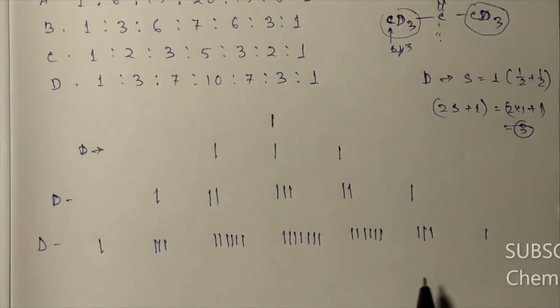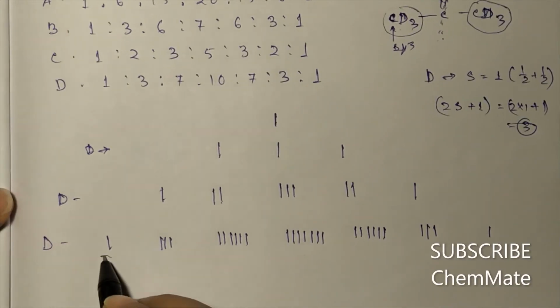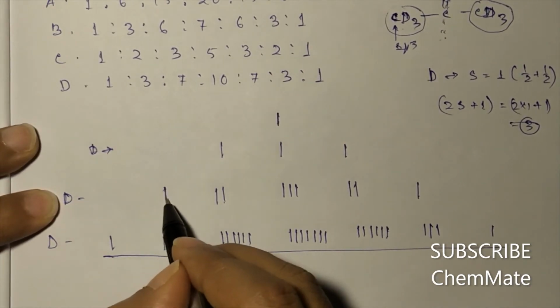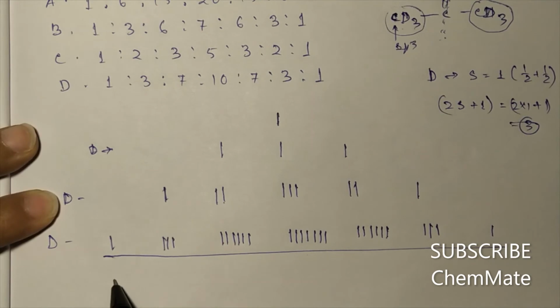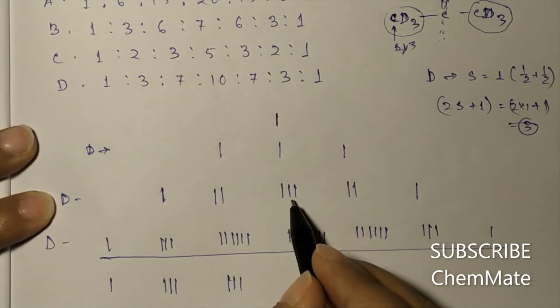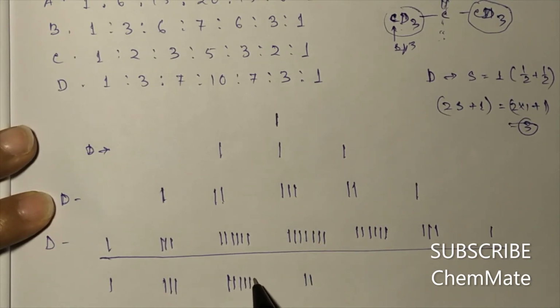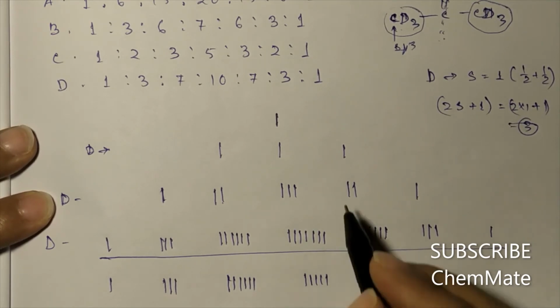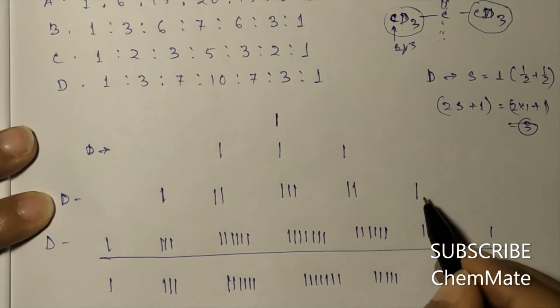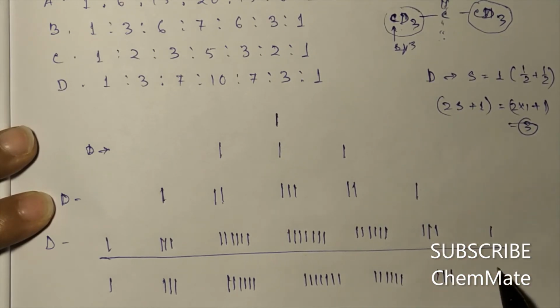So again, this singlet will be split into a triplet, this doublet into a triplet, this triplet into a triplet, this doublet into a triplet, this singlet into a triplet.